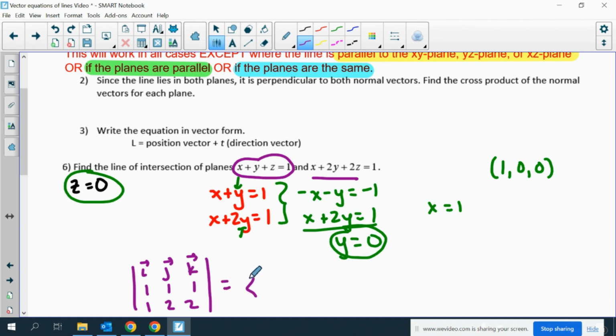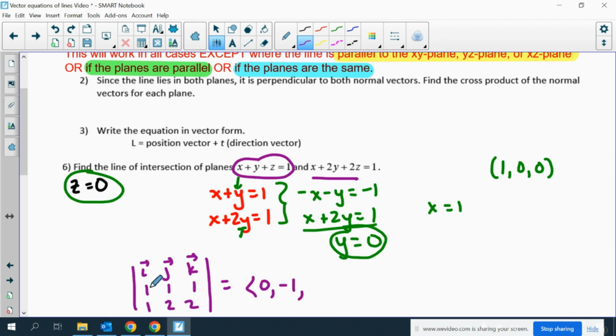So now I'm going to find a vector normal to both of these. If I do the thing with i, I end up getting 0. If I do the thing with j, I end up getting 2 minus 1, but remember, that's a negative 1.